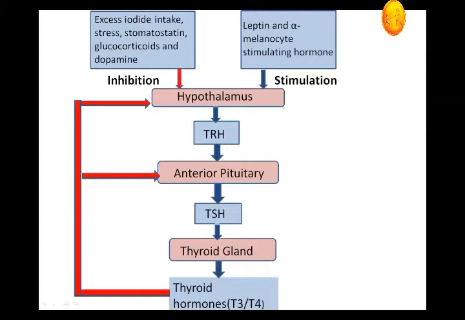Inhibition: excess iodine intake inhibits thyroid hormone. Somatostatin, you know, somatostatin is a hormone inhibitory hormone. Glucocorticoids and dopamine also cause inhibition of the thyroid hormone, and leptin and alpha melanocyte stimulating hormone cause stimulation of the thyroid hormone. Please, I am again repeating that. Please go through the actions of the thyroid hormone.